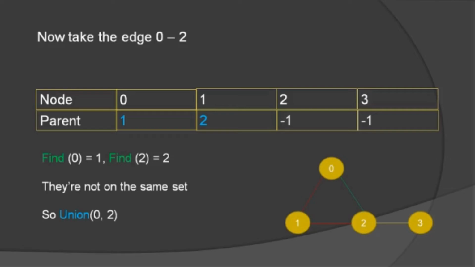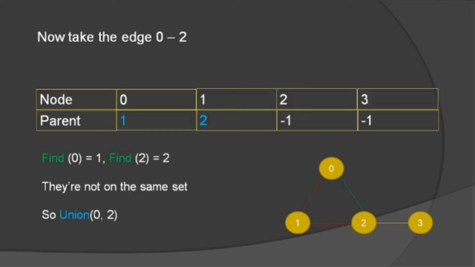The find of 2 is connected to itself because it's a -1, so we will use the value of itself, which is 2. And they are not in the same set because they are not equal. Therefore, use the union operation on the values 0 and 2. When we make the union, we have to select the parent, so we select 2 as the parent. So we have processed the edge pair.